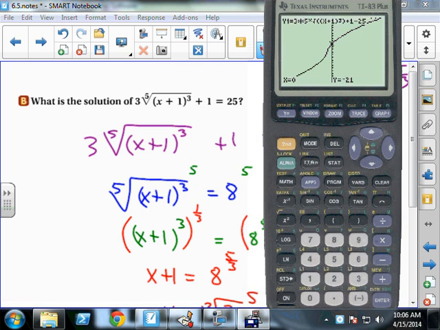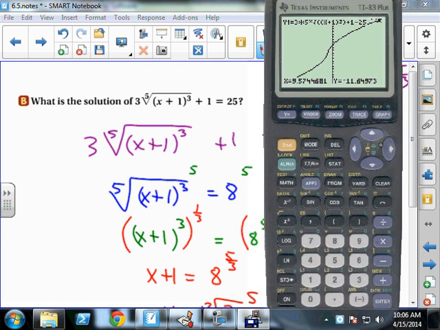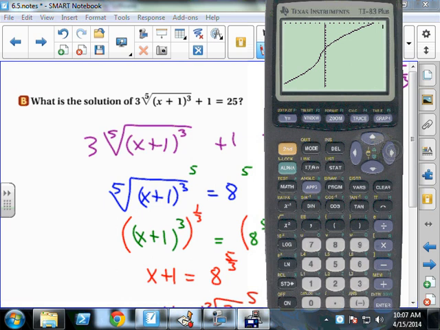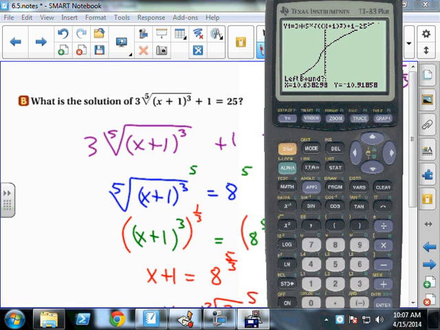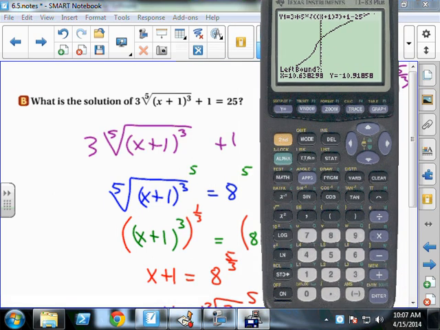If I trace it, it's going to take a while to get to that 0. I'll bet it's when x is 24. Let me just calculate a value when x is 24. No, let me just go to the table.